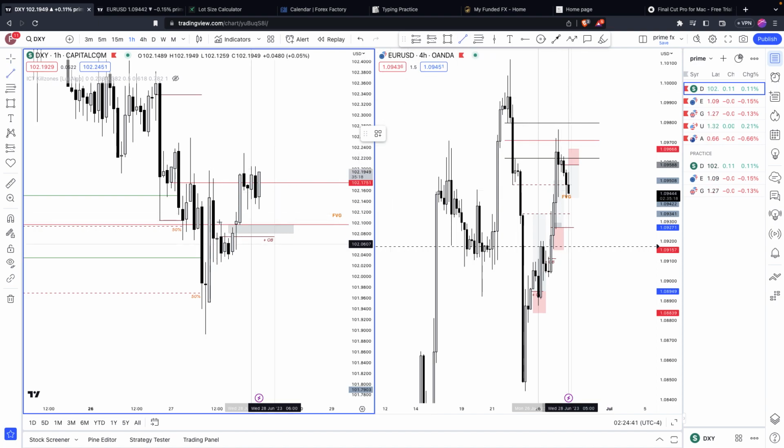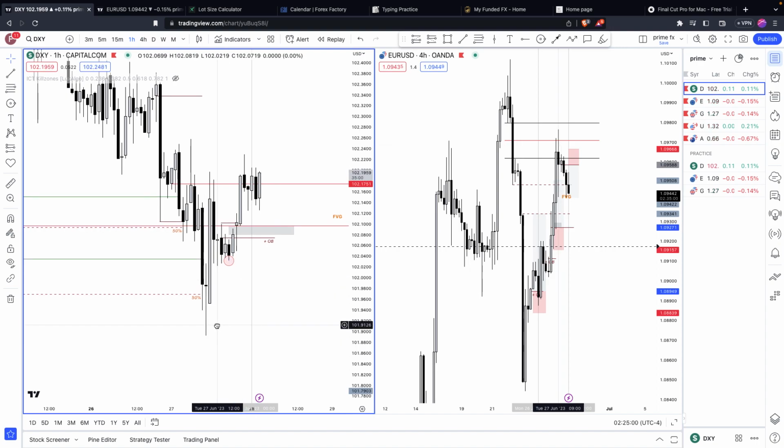So we do have a shift in market structure. And this is also considered a failure swing, because you can see price failed to take out this low. Or you could use this clear low, but these are all lows that you can consider. So now I think we should use this one.